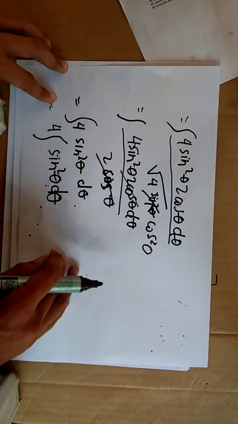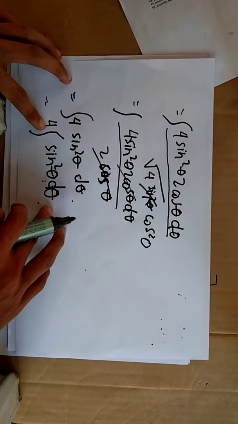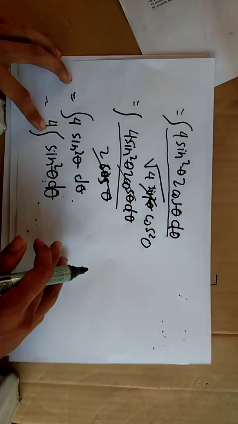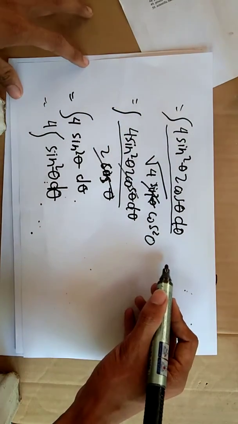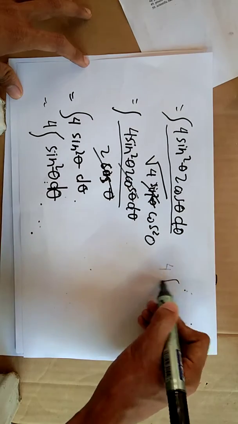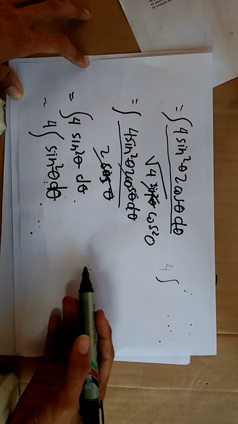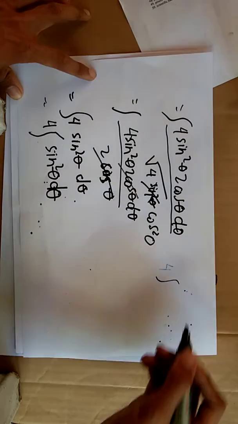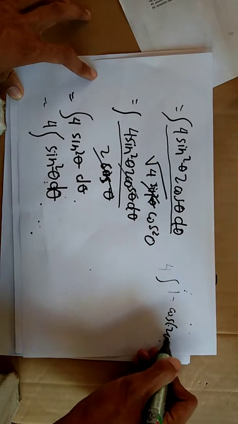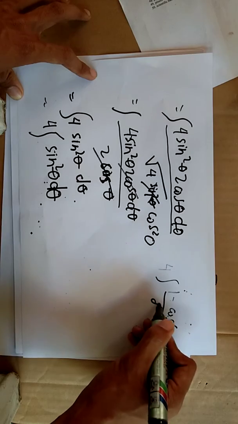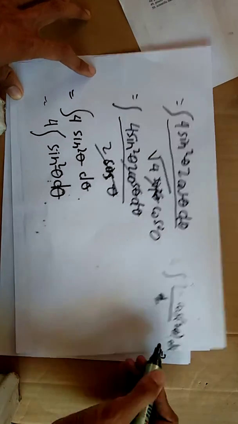Here we can't just get its integral, so we will use the half angle identity. Sine squared theta will become 1 minus cosine 2 theta over 2 d theta.